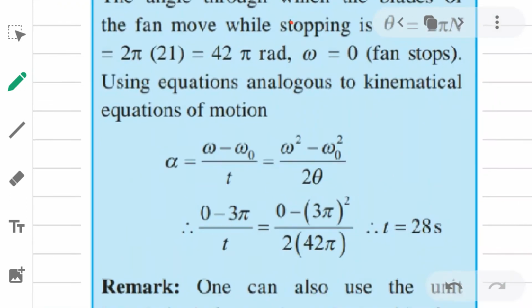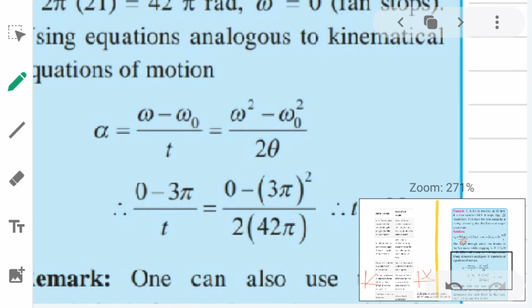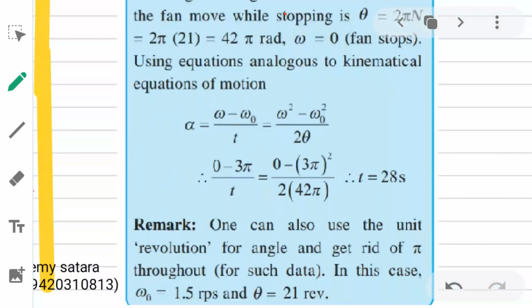Then we get 0 minus (3 pi) square upon 2 theta, 2 into 42 pi. When we solve, we get the answer: t is equal to 28 seconds.